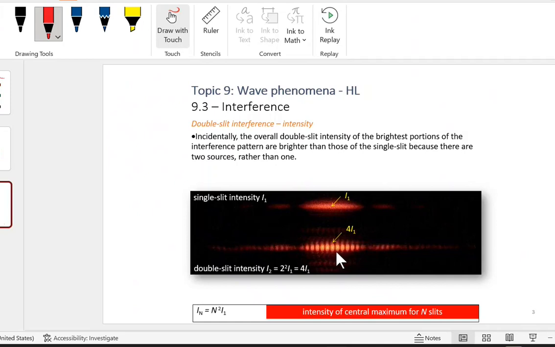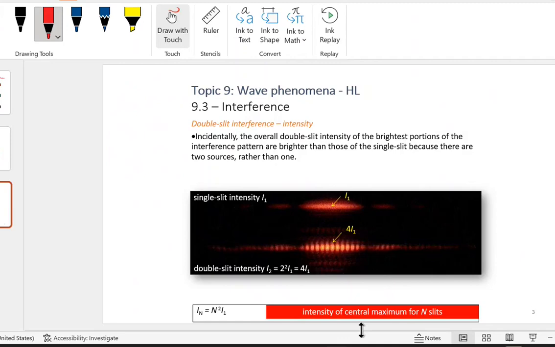The intensity for double slit, if I increase the slits, will be increased, but we're talking here about the width of the fringes. The width of the central maximum will be twice the width of the secondary maxima. Also, the central maximum is brighter compared to the other maxima.